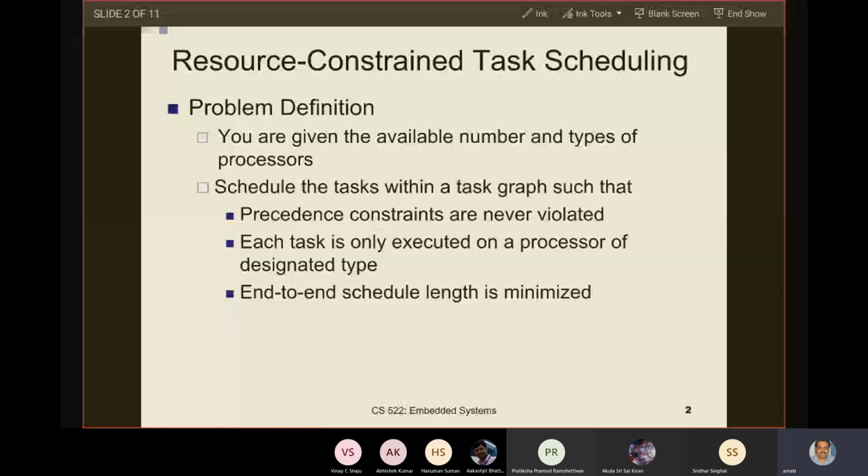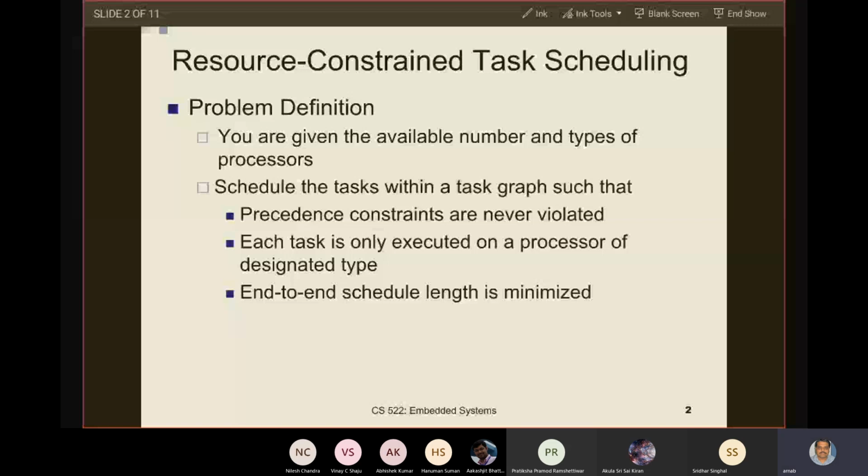Are you able to see the screen? Hello. Yes, sir. Is there a network problem? Are you able to hear my voice clearly? Yes, sir.